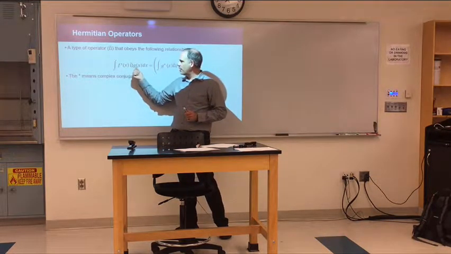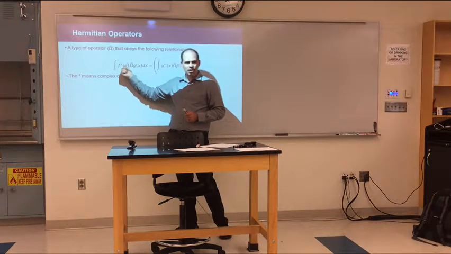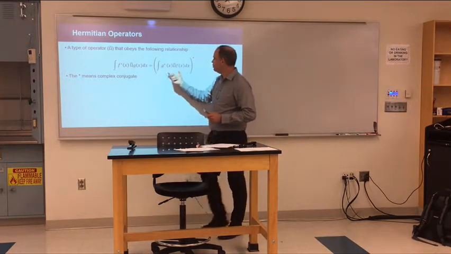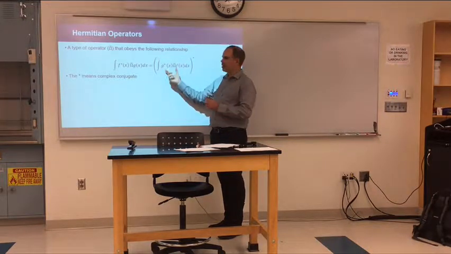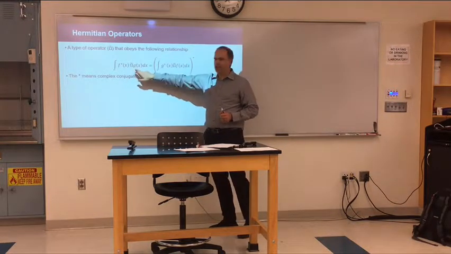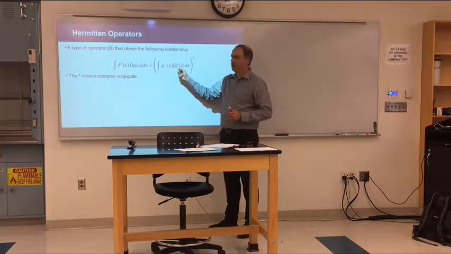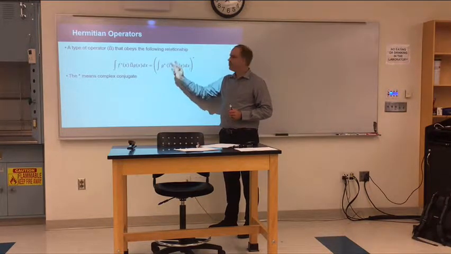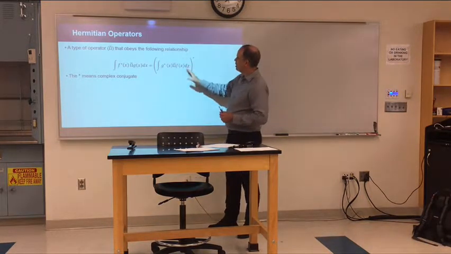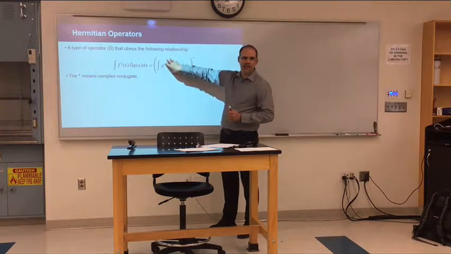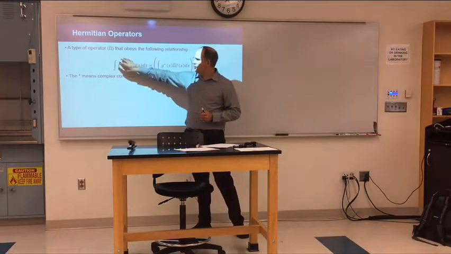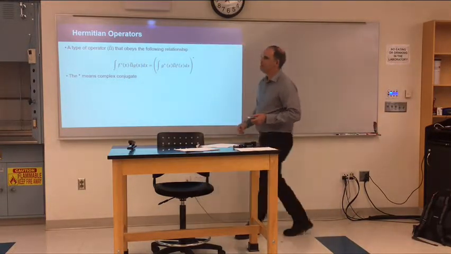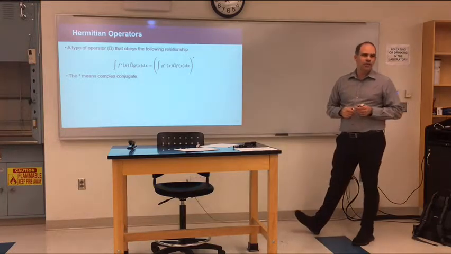The operator operating on one function times the complex conjugate of another is equal to flipping the functions. So this one was operator on G, this one's operator on F. So you flip the functions, take the result of this whole thing, and then take the complex conjugate of it. So if they are equal, then it is said to be a Hermitian operator.